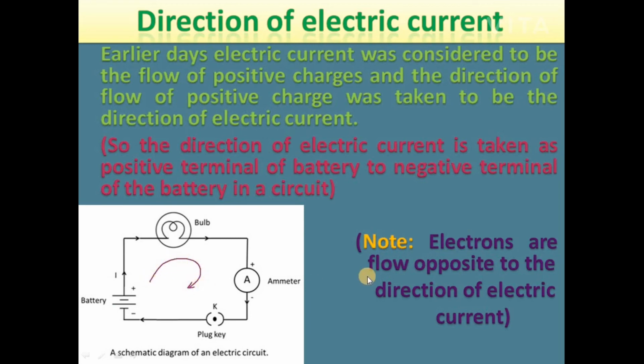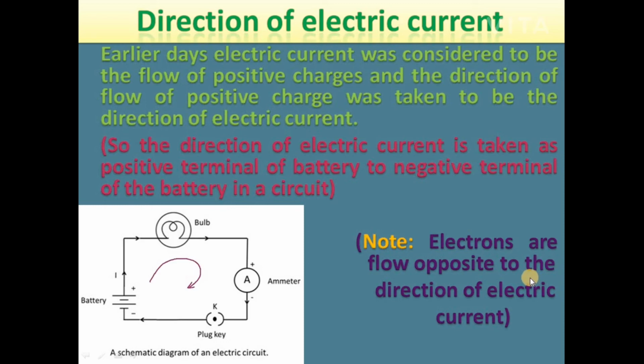But note that electrons flow opposite to the direction of electric current. Earlier we discussed that electrons constitute the flow of charges, and flow of charges constitutes the current. Indirectly, electrons are responsible for electric current, but the direction of electrons is not considered as the direction of electric current.